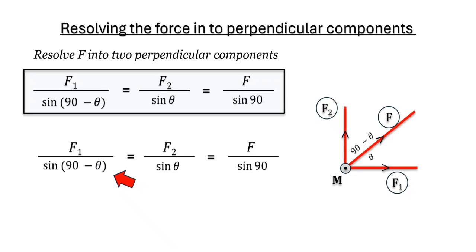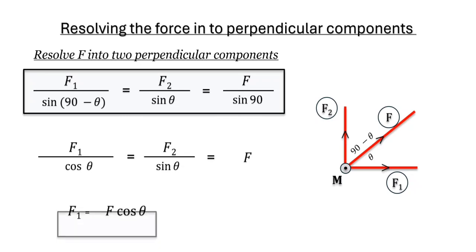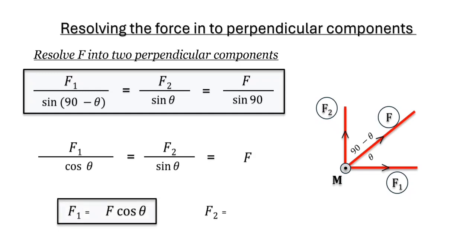When you find sine 90 minus theta, 90 converts sine into cosine. And the sine 90 equals 1. Then this side will be F only. How to find F1? F cosine theta. How to find F2? F sine theta.